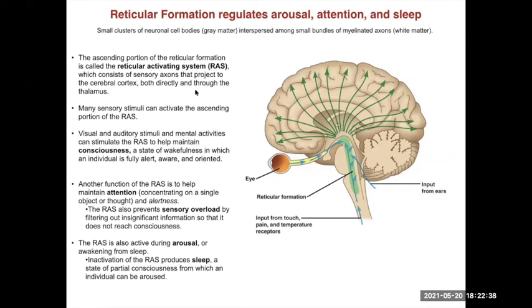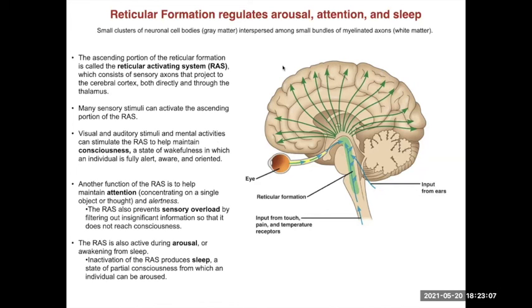It's a bunch of nuclei and white matter tracts that basically project in a way you don't have to understand, but basically what they're doing is both gating or amplifying information flow to the brain, and that's going to regulate your level of alertness, basically arousal, attention, and if it's very inactive, sleep.